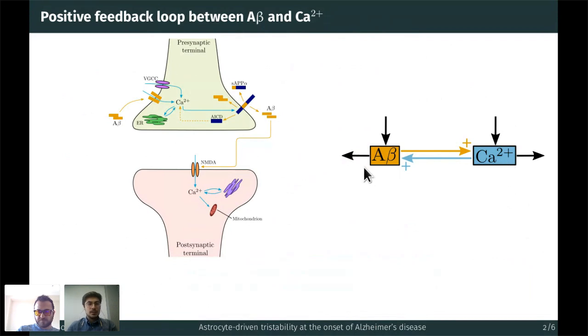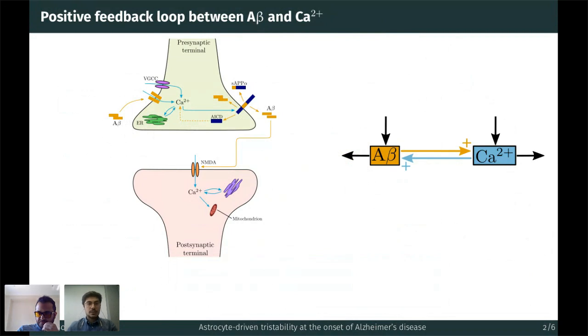So here, what we know is that, first of all, amyloid beta can modulate, can increase the calcium influx into neurons. But then this calcium concentration can as well increase and promote amyloid beta production. And so you understand that we have this positive interaction, a positive feedback loop between amyloid beta and calcium.